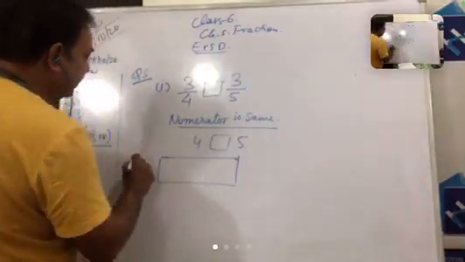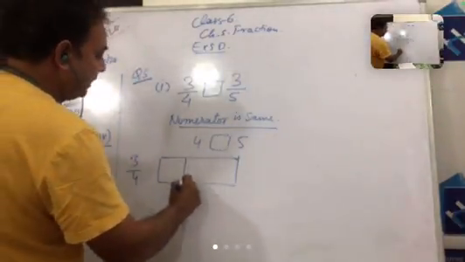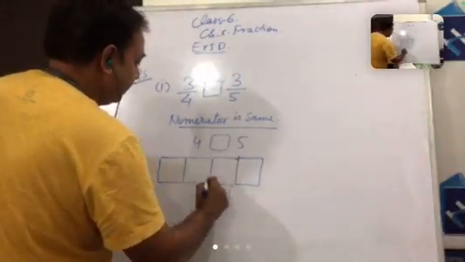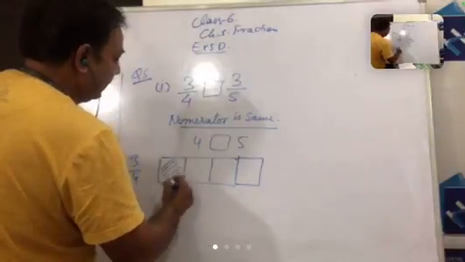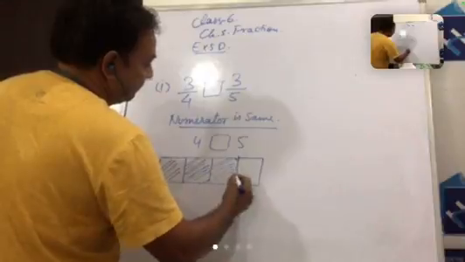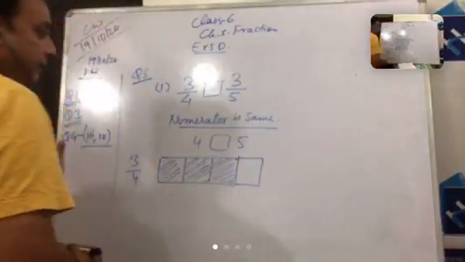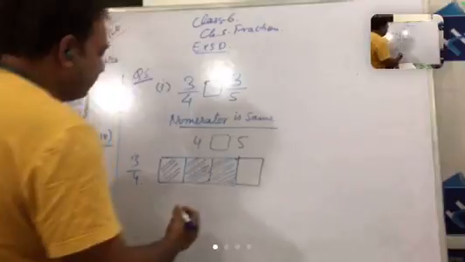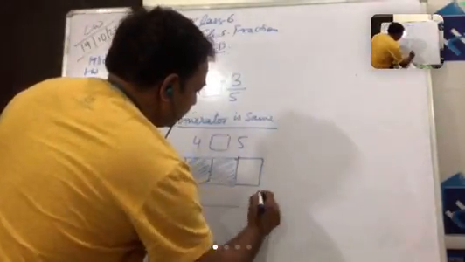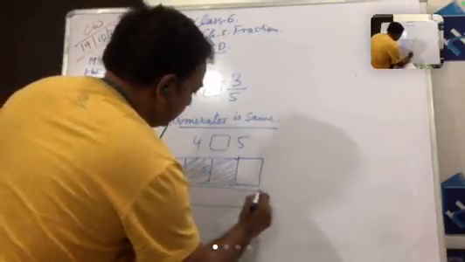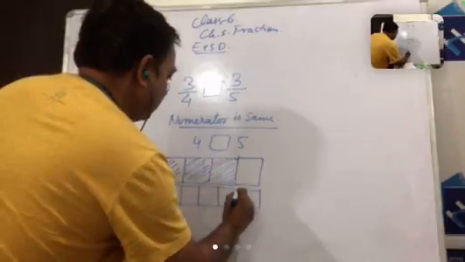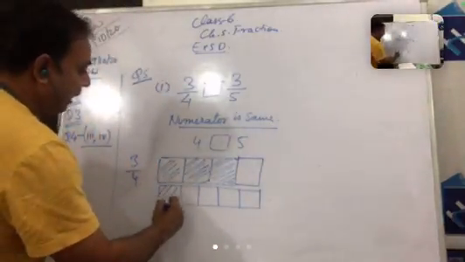For the first fraction 3 upon 4, how many parts are there? There are 4 parts, and out of 4 parts, 3 are shaded. Then the next one has 5 parts, and 3 are shaded.